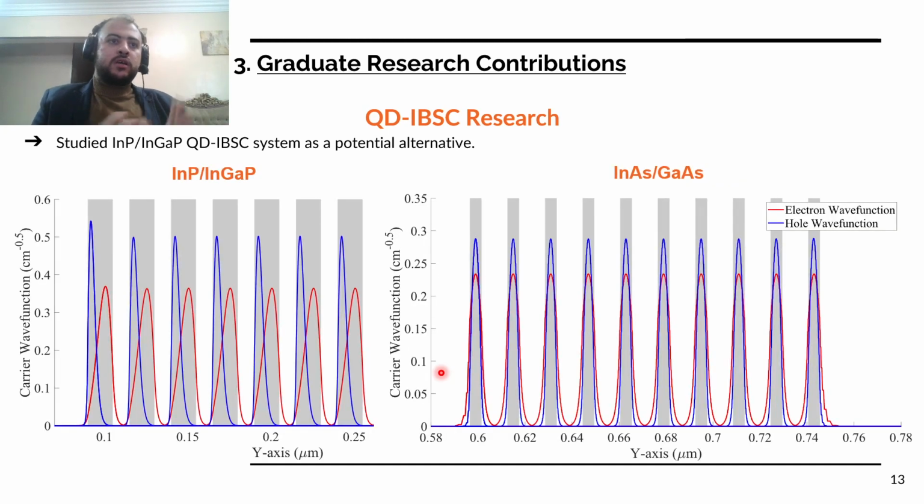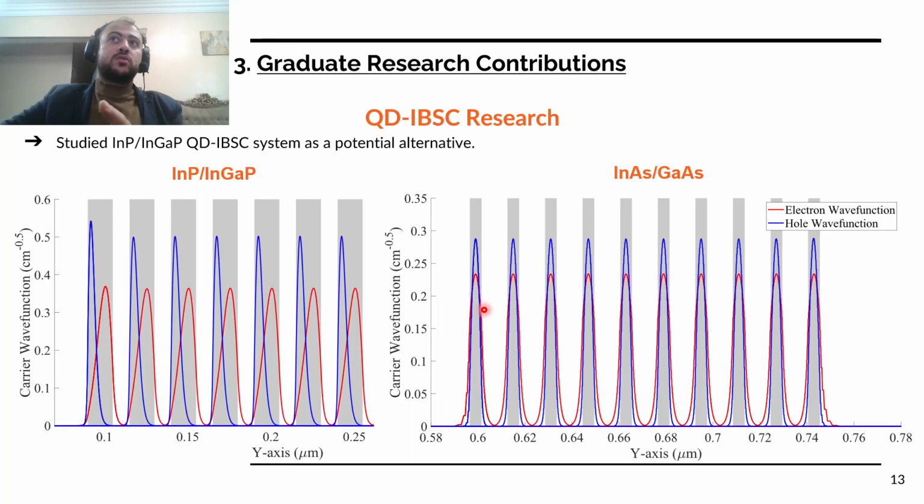This we can see in wave function profiles of both indium arsenide, gallium arsenide, and indium phosphide, indium gallium phosphide systems. According to our simulations, the indium arsenide, gallium arsenide system would have a very strict overlap of electron and hole wave functions on top of each other.